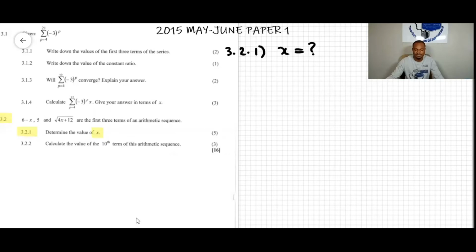It says T2 minus T1 will be equal to T3 minus T2, and so forth. All this is equal to d, the constant. There's a constant difference.